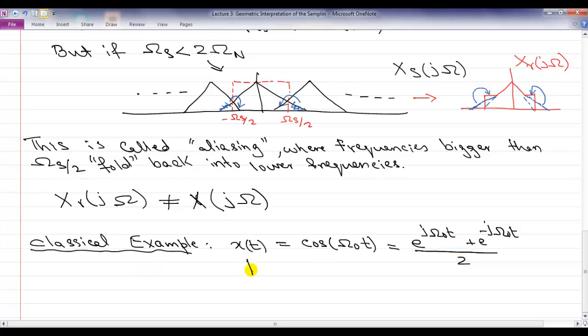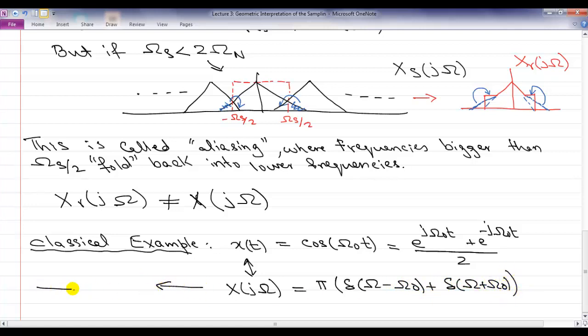And I can write down its Fourier transform, X(jω). It will be just two impulses at ω_0 and at −ω_0, so I get π times δ(ω − ω_0) plus δ(ω + ω_0), two impulses with areas of π.